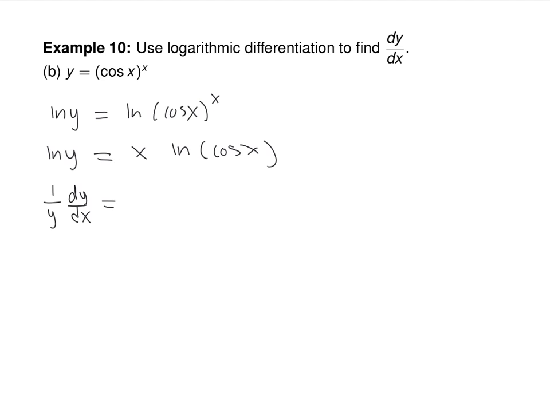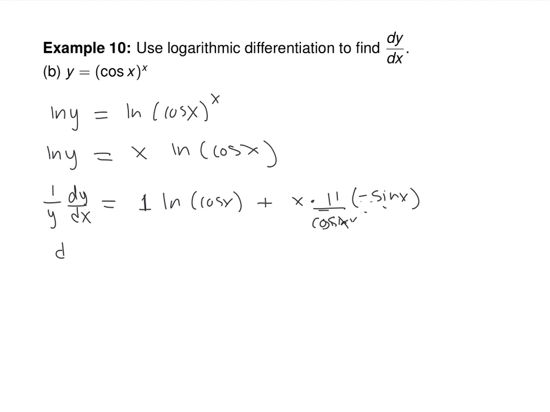Its derivative is 1. x ln cosine x plus x times, what's the derivative of ln of cosine x? 1 over sine times negative... not that, that's not actually the derivative. 1 over cosine times negative sine.